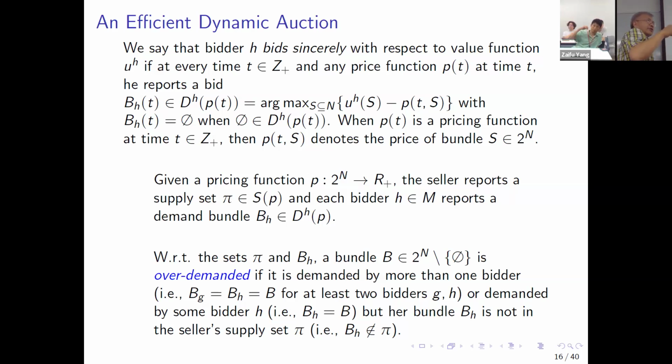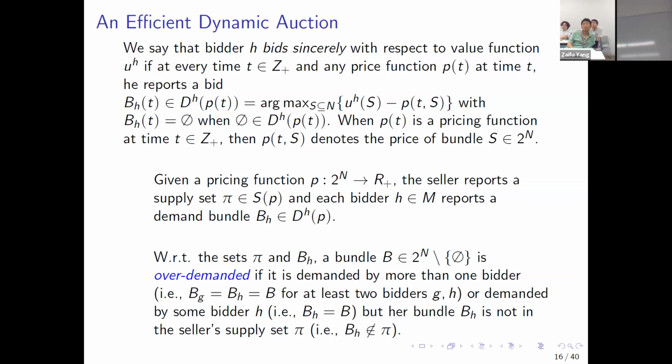Here, it's quite interesting that the auctioneer just needs every bidder to report a single optimal bundle, but if the empty set is your optimal bundle, then you should report the empty set. This is one thing which is useful.